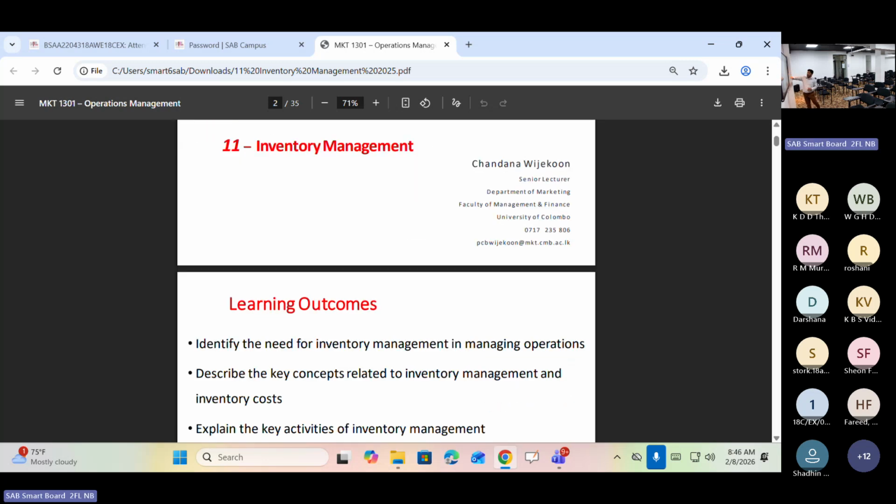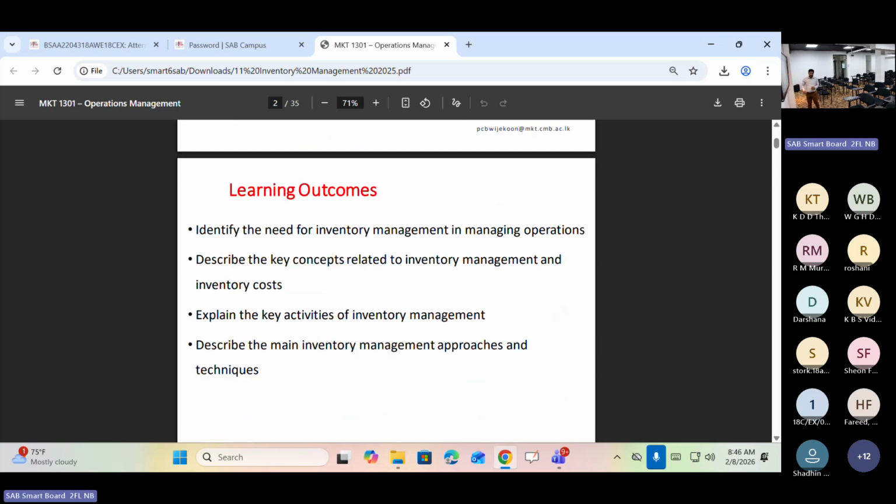So as you see here, the learning outcomes for the topic are to identify the need for inventory management in modern manufacturing industries, and then also identify the inventory management related concepts and what we call inventory costs.